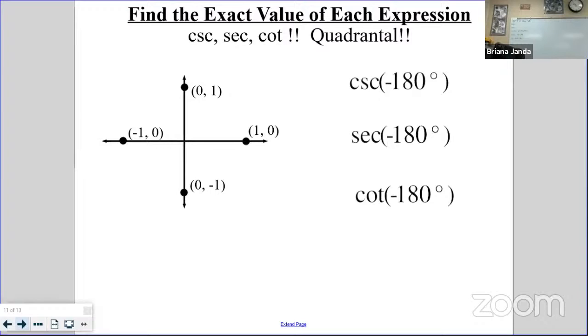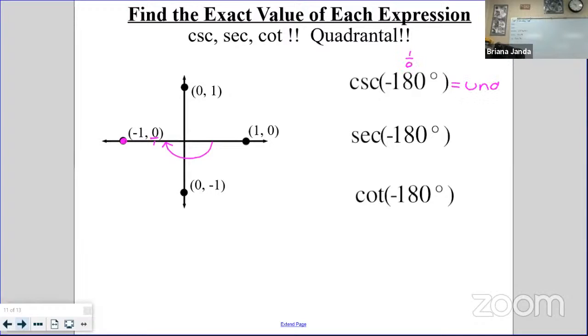Once I figure out which axis the angle drops me on, negative 180 degrees would put me here. I identify for myself the ordered pair, and it goes cosine comma sine, so negative 1 comma 0. And then I do my reciprocals. Cosecant is the reciprocal of sine. Sine is 0. When I reciprocal 0, we get 1 over 0.